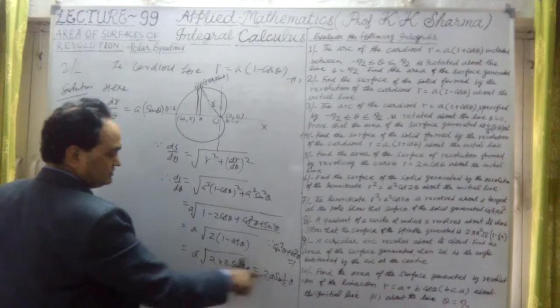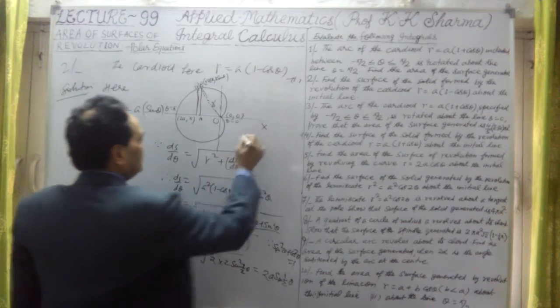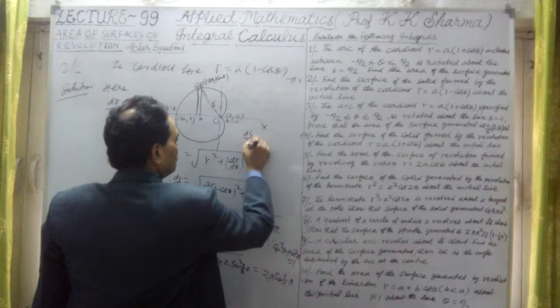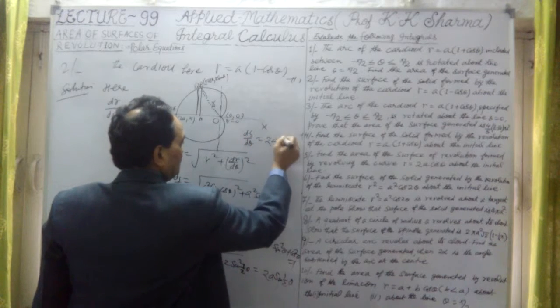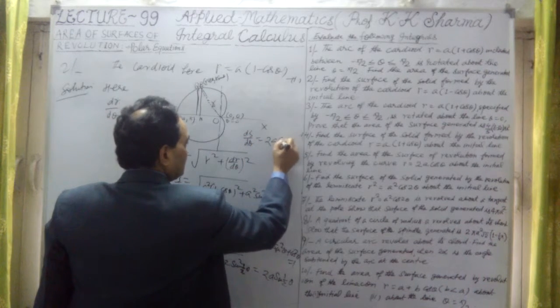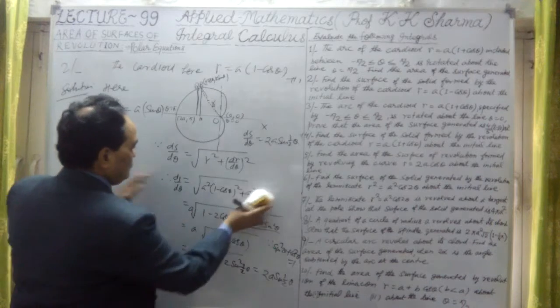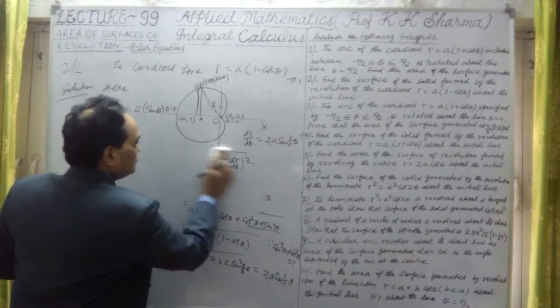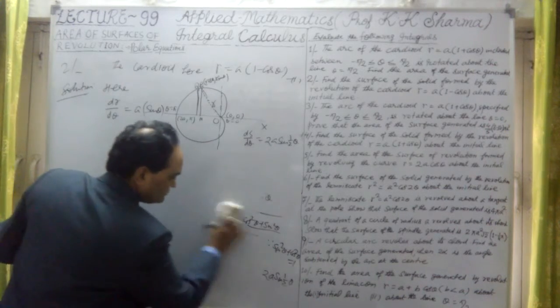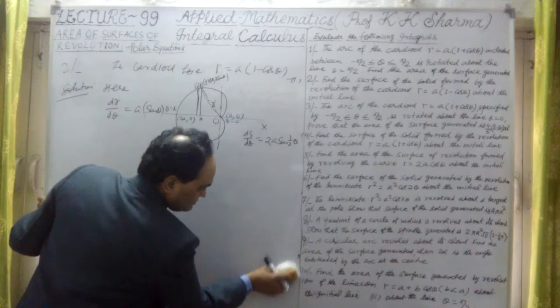Therefore, ds upon d theta is equal to this value. We will use it here. Let me write here ds upon d theta is equal to twice a sin half theta. This is the value of ds upon d theta. Now let us find out the area of the surface generated.